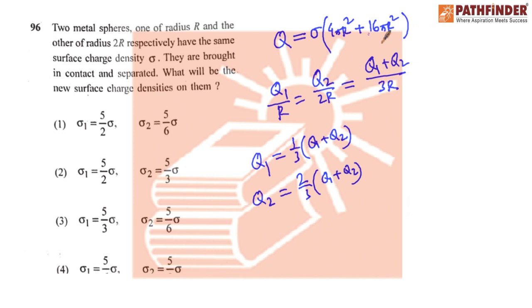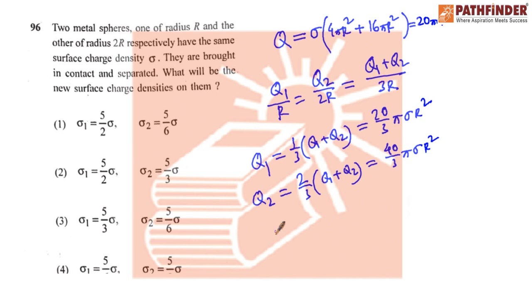So the total q was equal to 20 pi sigma r square, right? So q1 is equal to 20 by 3 pi sigma r squared, q2 is equal to 40 by 3 pi sigma r squared.